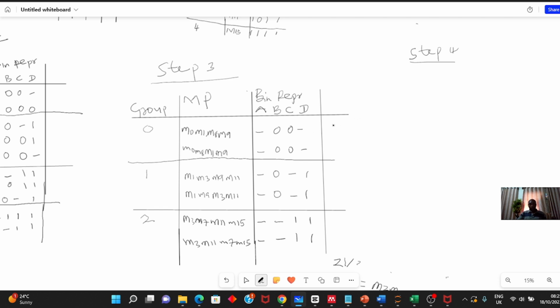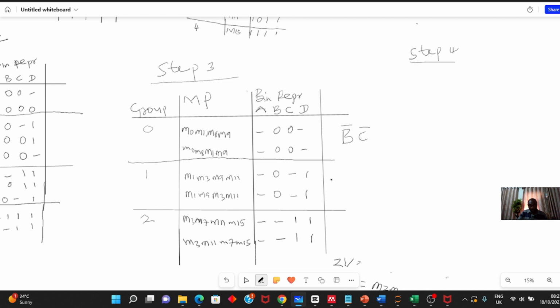Before forming the PI table in step 4, you will notice that if you examine step 3, there's a pattern where certain of the variables have been eliminated. So let's quickly identify the prime implicants. In terms of the 4 variables, in the first group of zeros, you will see that A and D have been eliminated. So we are left with B bar, C bar.